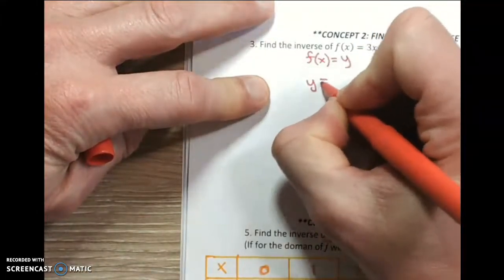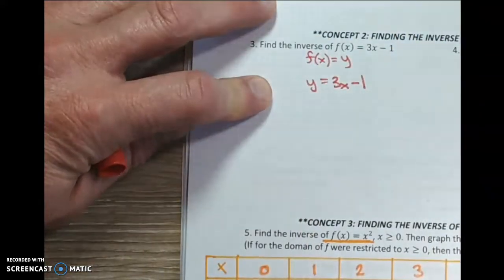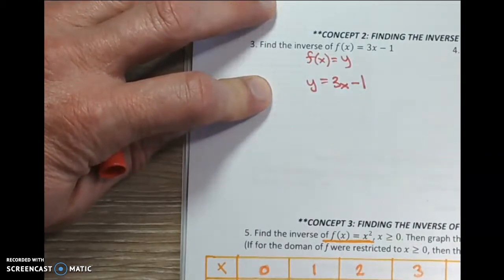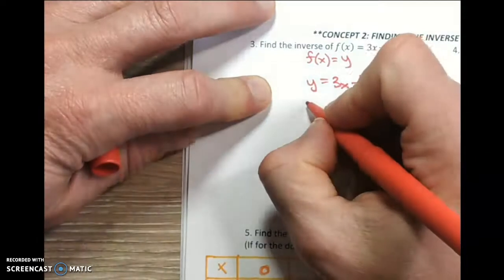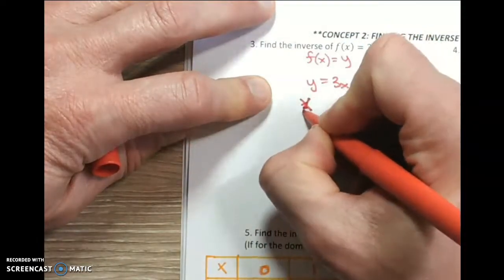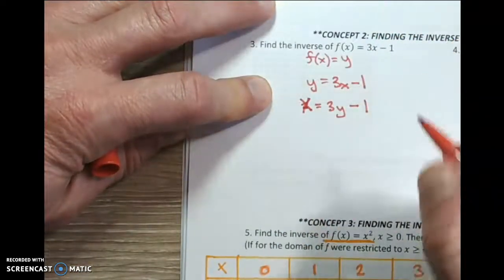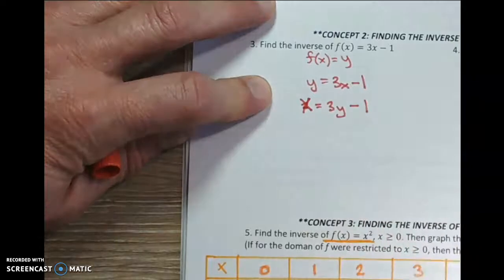So I'm going to say y equals 3x minus 1. Then when I find the inverse, what I'm doing is I'm going to flip the x and y. So I'm going to write it as x equals 3y minus 1. I'm replacing the order of the x and y.